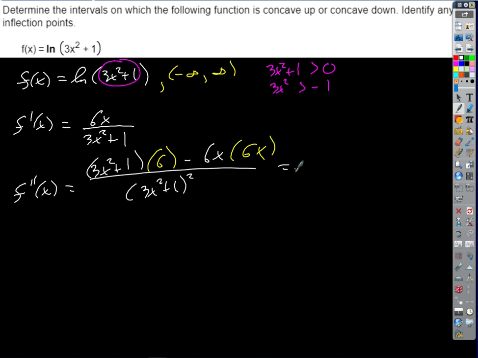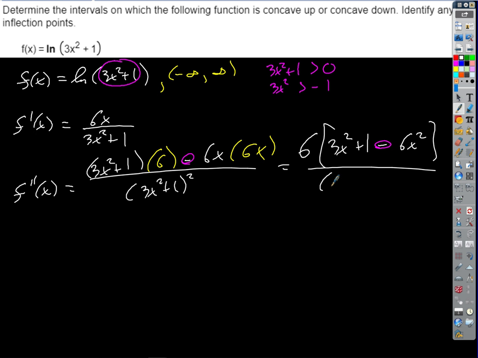Okay, so what could we do here? We could factor a 6 out of the top if we want to. We're going to try to get this thing in factored form anyway. So we pull a 6 out of the top, and that leaves us with 3x squared plus 1 minus, if I take a 6 out, what do I get there? 6x squared.